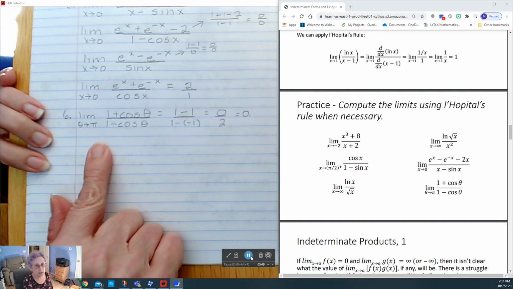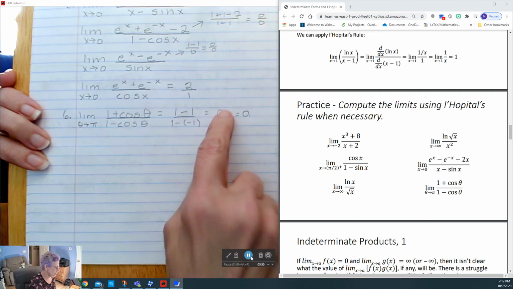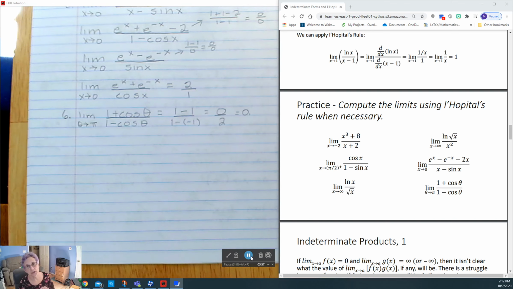And then number 6 was not a candidate for L'Hopital. You cannot L'Hopital because you get 0 over 2, which is just 0. That's not indeterminate. So those were all examples of L'Hopital where you have the initial L'Hopital ready indeterminate form.